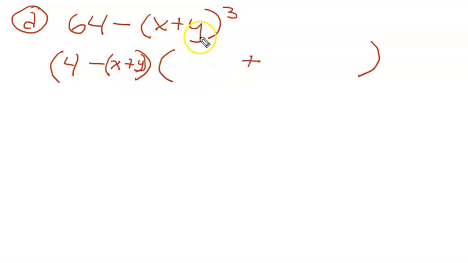Okay, now for this one, it's going to be this squared, which is 16. Now it's going to be 4 times this, and let me put my sign here a little better.